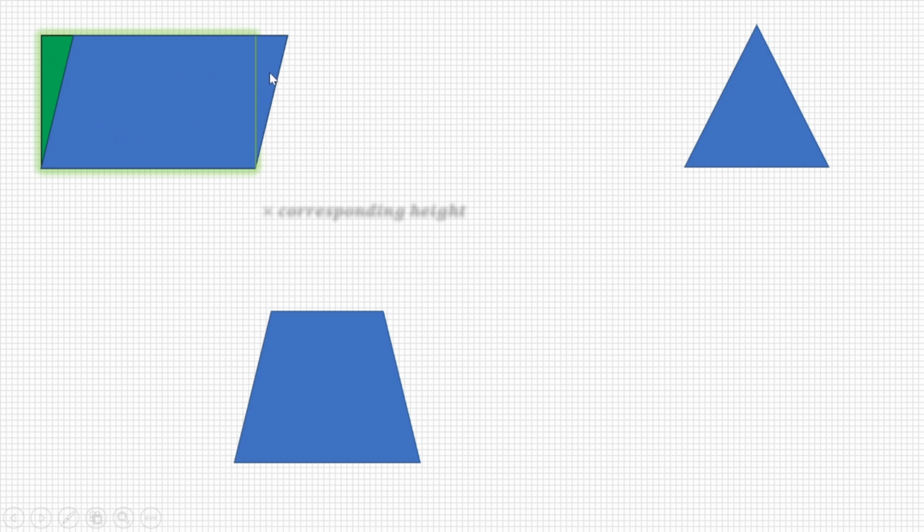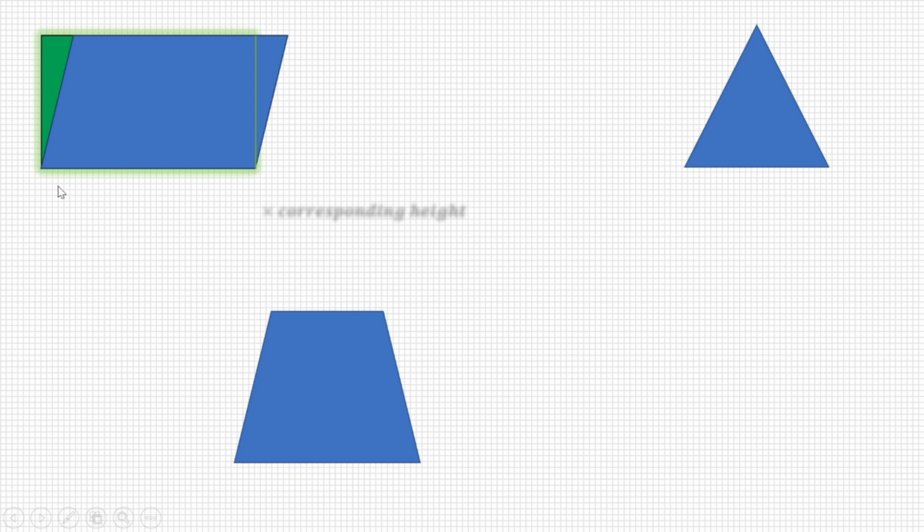See, if I cut this portion and paste it here, the area of blue and green will be exactly the same. Even algebraically, through congruency, we can prove that this green section and this blue section are equal in area. That means length into breadth will give us the area of the green shape and also the blue shape.